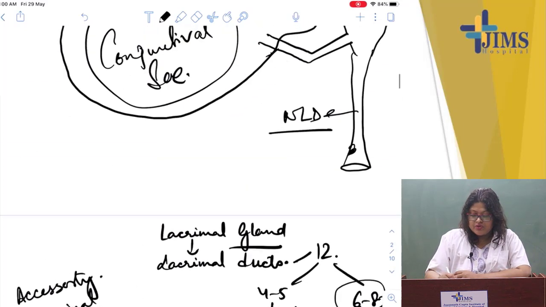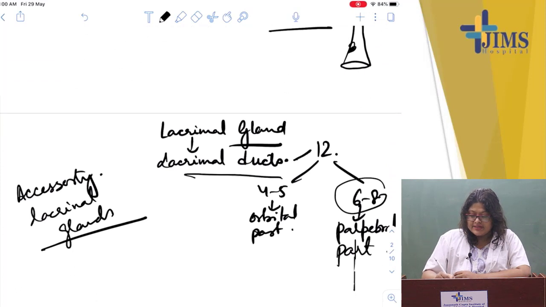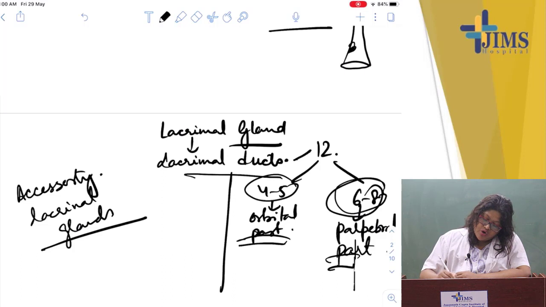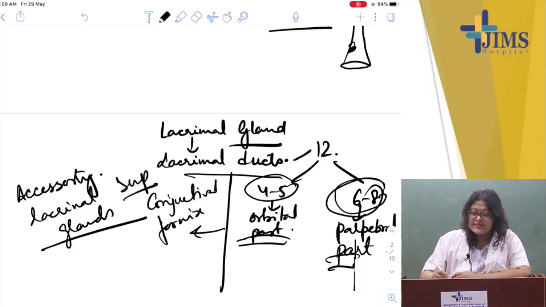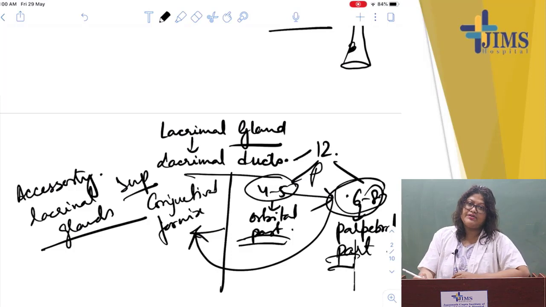Okay, so here we have the lacrimal ducts, 4 to 5 from the orbital part, 6 to 8 from the palpebral part, all of this in the superior conjunctival fornix, and the palpebral part will ultimately drain into the conjunctival fornix.